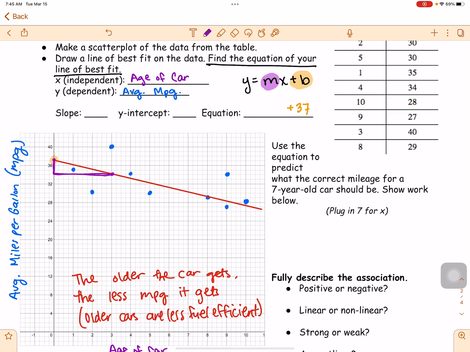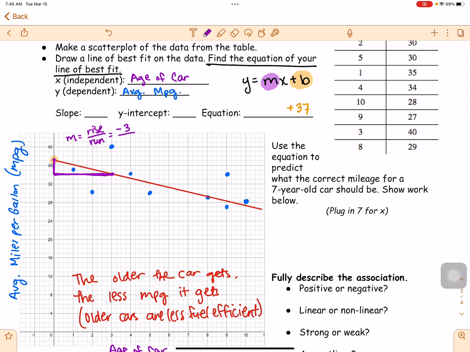Now be careful with these, because I have to remember how the x and y-axis are labeled. The y-axis goes by ones, so my rise over run: the rise, since it goes by ones, I went down 1, 2, 3. So -3 over, and then down here we skip count by 4, and that's 1, 2, 3.